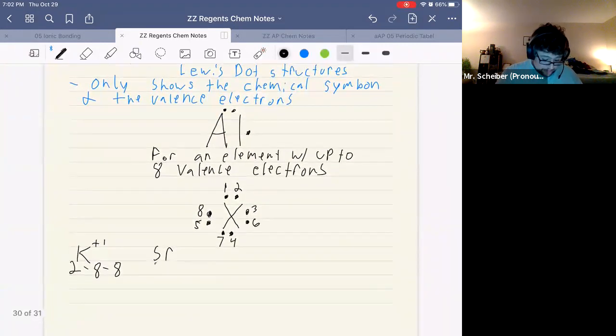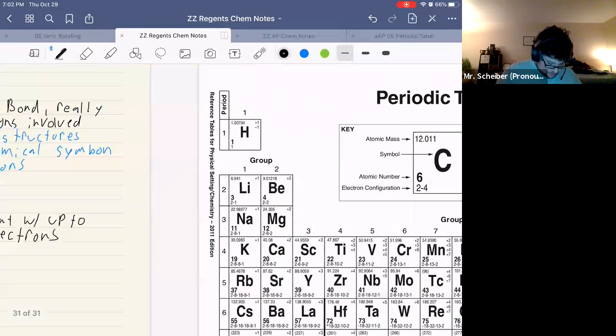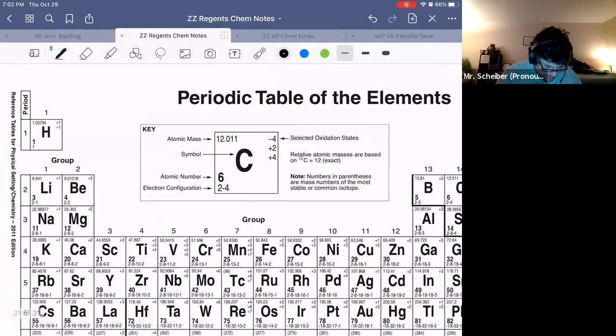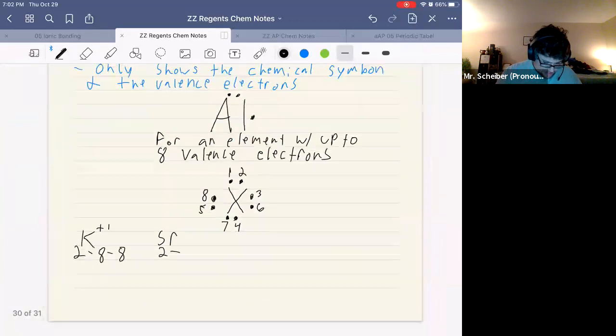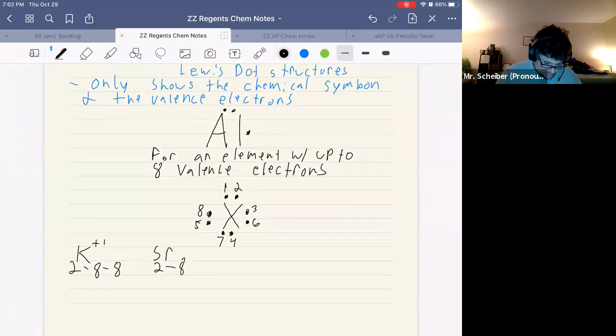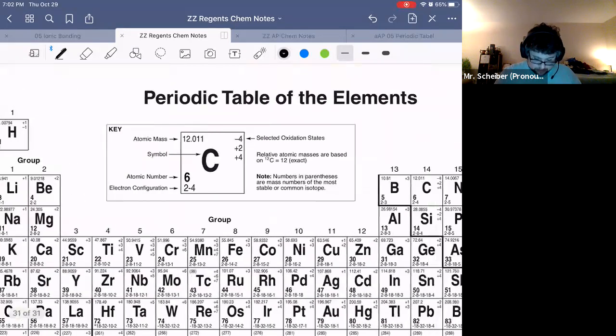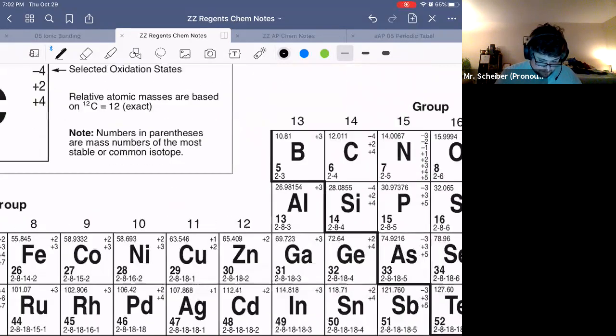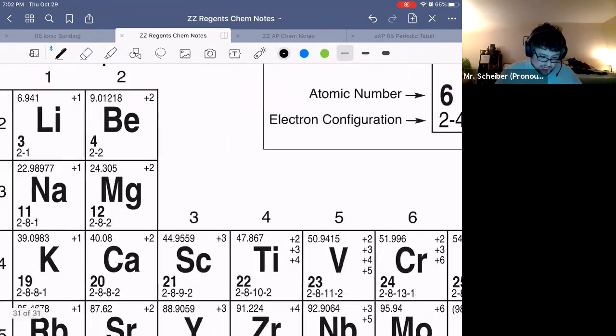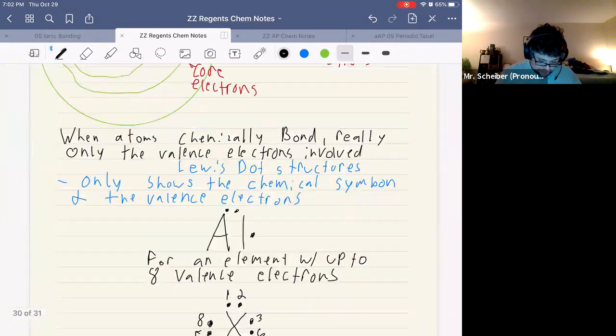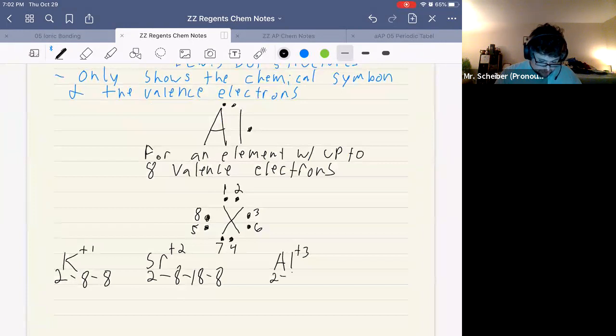Give it an electron configuration. What was it? Look at that. 2, 8, 18, 8. Aluminum forms a +3. Look at that. 2, 8. The electron configuration for the ion is 2, 8.